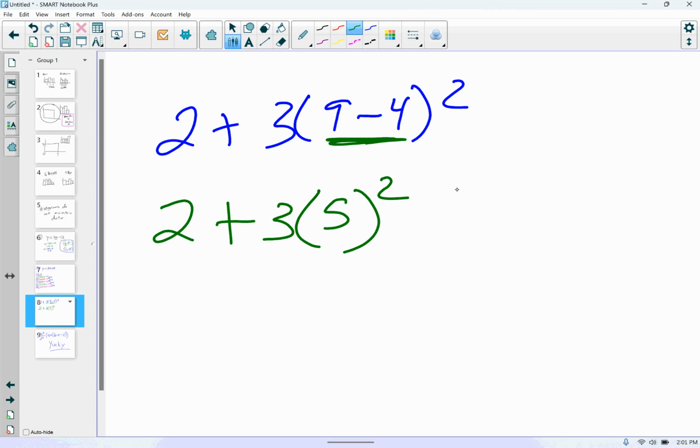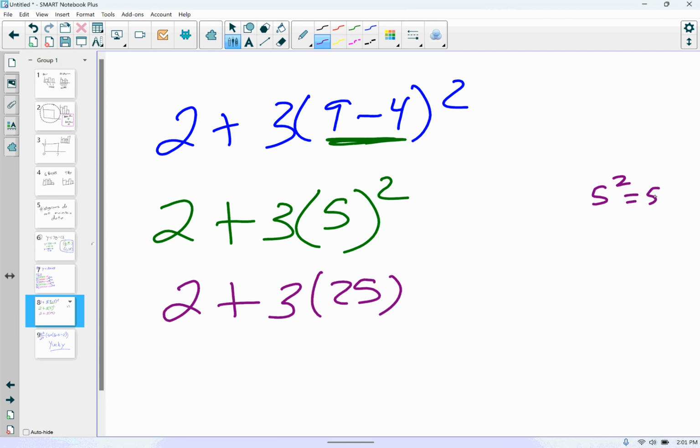Agree? What's next? Should I go 3 times 5 or should I go 5 squared? 5 squared. What is 5 squared? What's 5 times 5? 25. So remember, 5 squared is equal to 5 times 5, right? And then we'll do the math. So we come up with 77 for an answer.